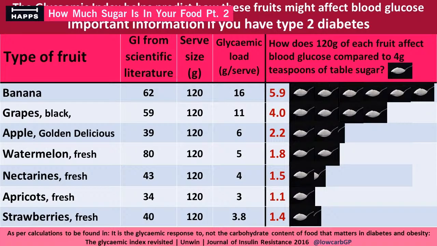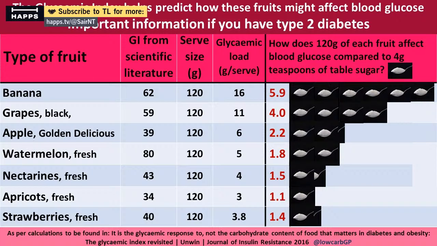And then we have grapes. Black grapes are 59 on the glycemic index. And again, all of this is for a 120 gram serving size, which is a half cup. So a half cup of black grapes would be 59 on the glycemic index, and that's equivalent to 4 teaspoons of sugar.